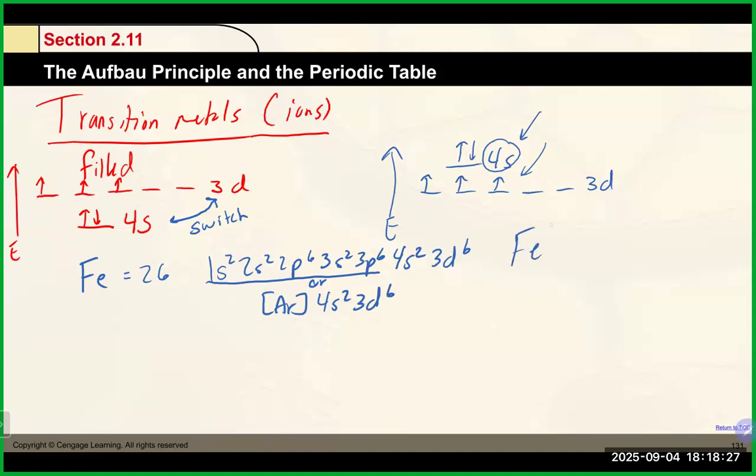it has basically lost 2 electrons. That's what the +2 means. The plus means it lost electrons. The 2 means how many it lost. When it does that, it will end up with 24 electrons rather than 26. And what will happen here is it is going to take out these electrons right here first. So we had 3d6. If I did this, this is essentially what it looks like at the end.